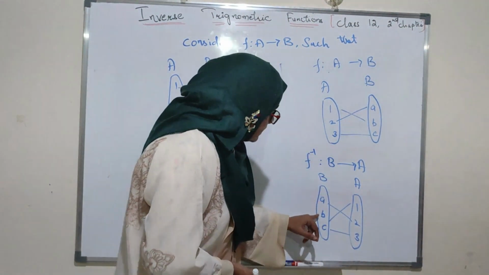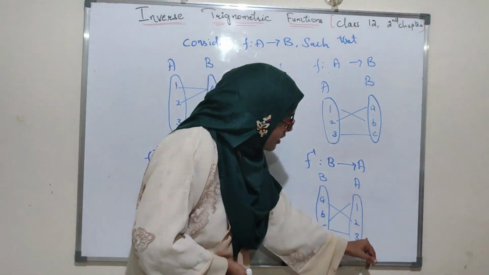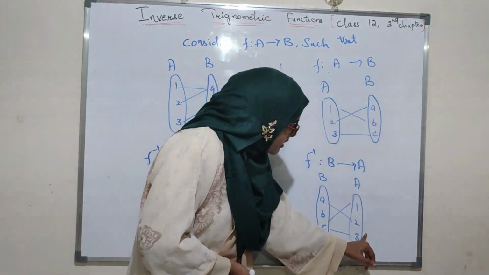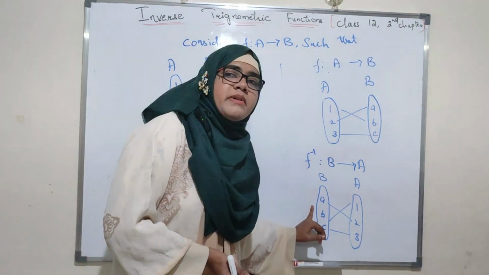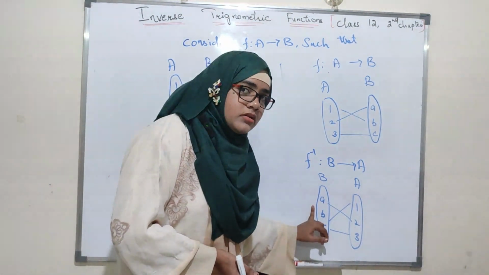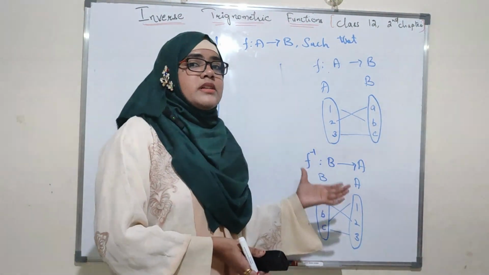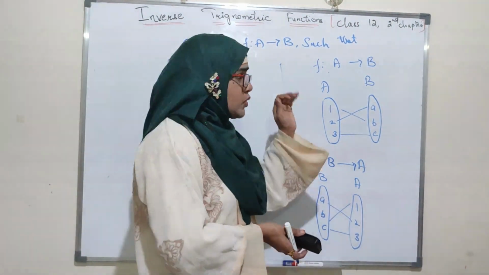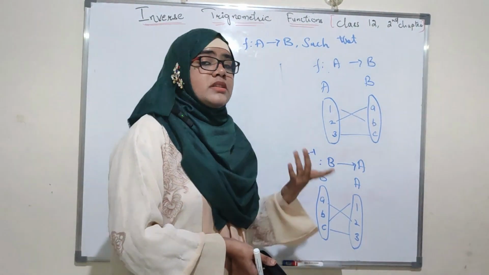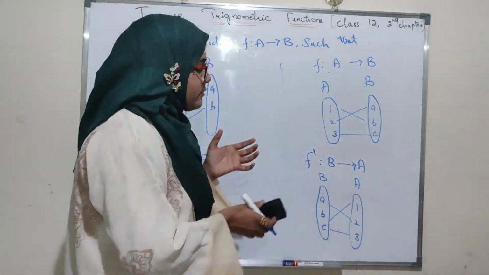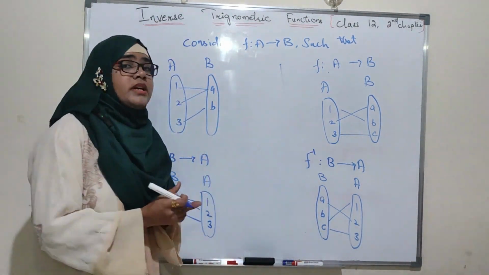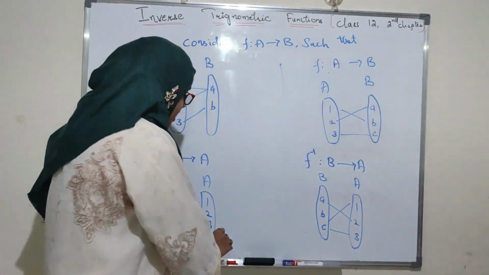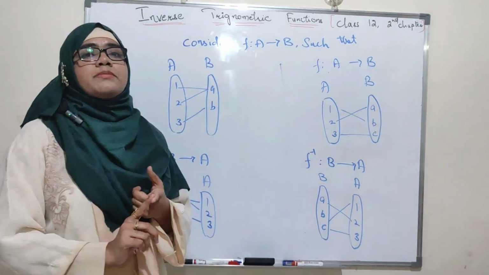And for onto, we have to check that every element is the image of some element in the first set, or the domain set. So we can say this is a one-one and onto function, or bijective function, so that we can find the inverse of the function. Remember, it is a very important rule: for finding the inverse of a function, the function must be one-one and onto.